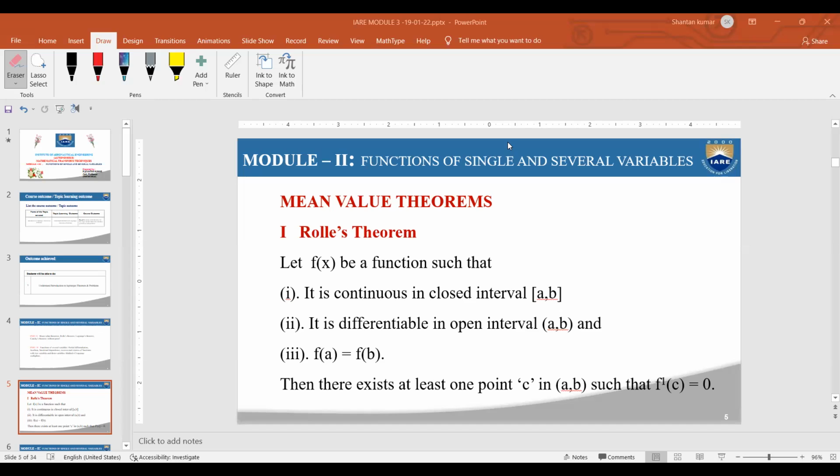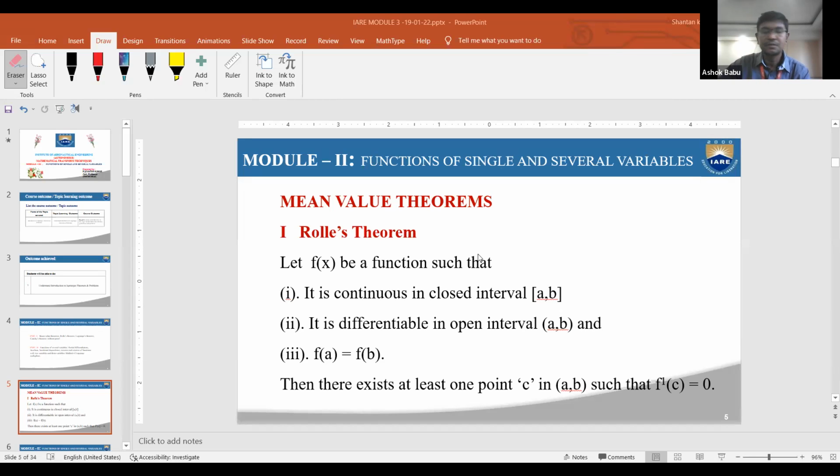Now clear. Remember once again Rolle's theorem: it is a continuous function and a differentiable function, and f of a is equal to f of b.